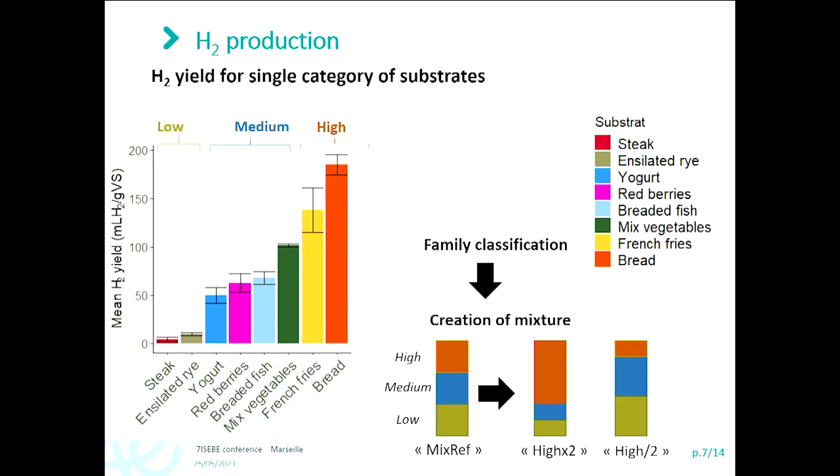Based on this classification, we created different mixtures of substrates. We had initially a mixture of reference where the composition of each family was well balanced. Then from this mixture of reference, we modified the composition by either doubling or halving the raw percentage of a given family. Here, as an example, you have the modification for the high production family.